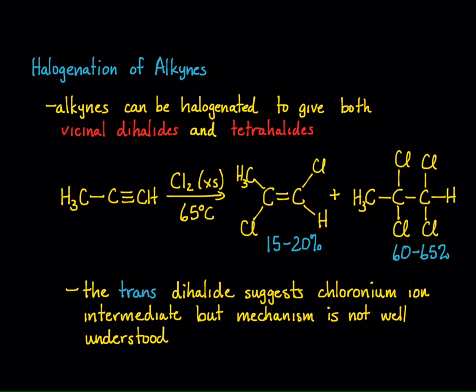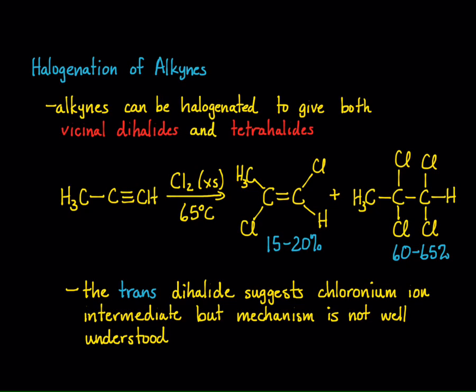So we get a glimpse of thinking about a chloronium ion, but when we think about the geometry of that chloronium ion, things get a little bit weird, because we have this linear structure with a halogen hovering over the pi system.